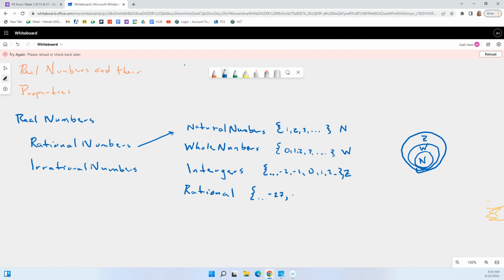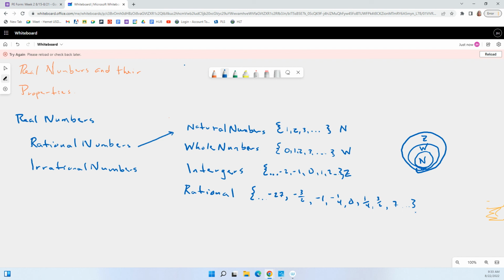It could also be -3/2, or -1, or -1/4, right? All those things work. Then we also have 0, and we can have +1/4, +3/2, 7, and this is going to go on forever in either direction.